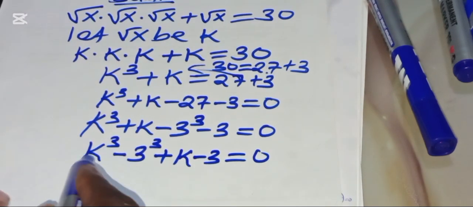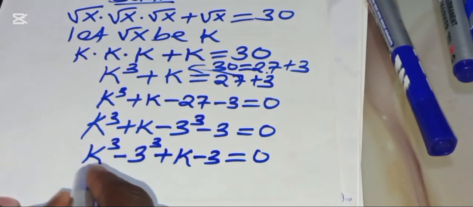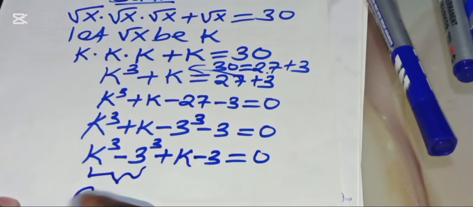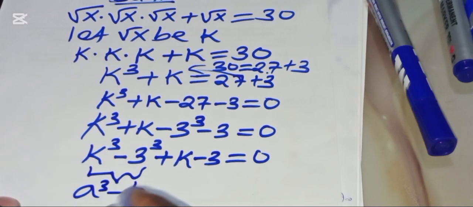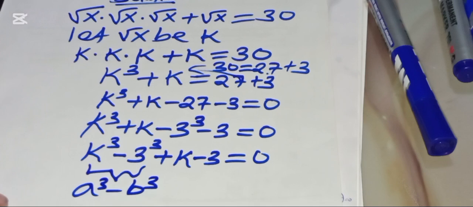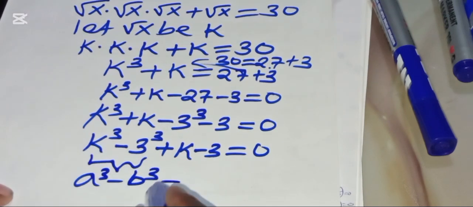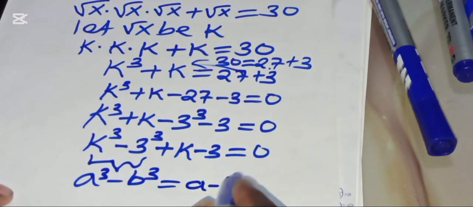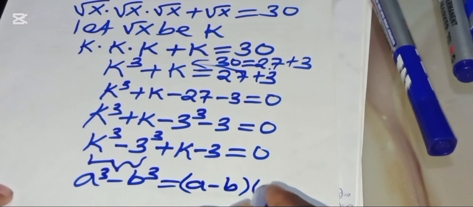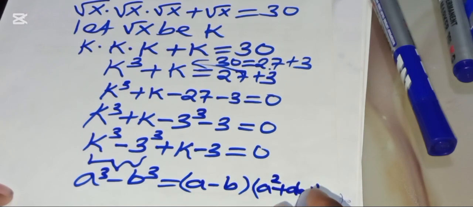Now, k cubed minus 3 cubed is the difference of two cubes, expressed as a cubed minus b cubed, which is a minus b, times a squared plus ab plus b squared.